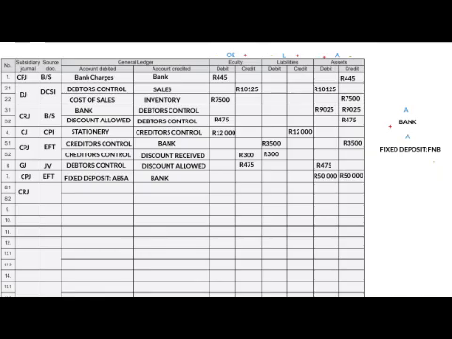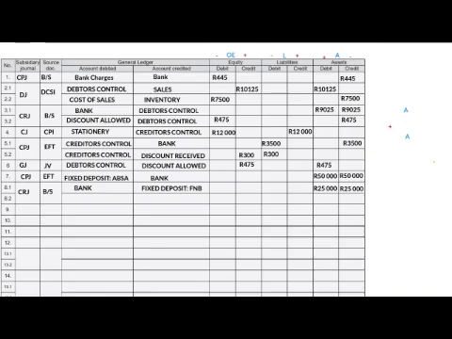Our source document is our bank statement. The account debited is bank. The account credited is fixed deposit FNB. Since they are both assets, it will be 25,000 in the debit of assets and 25,000 on the credit side of assets.